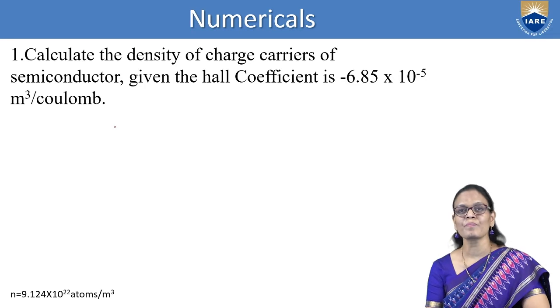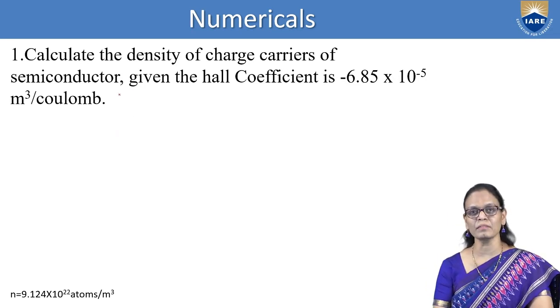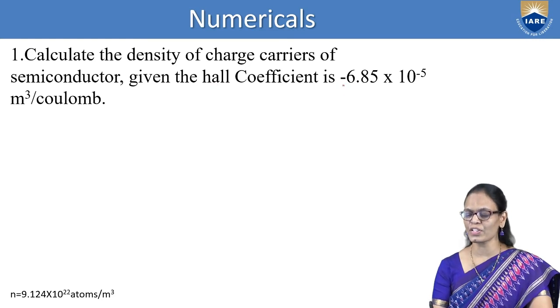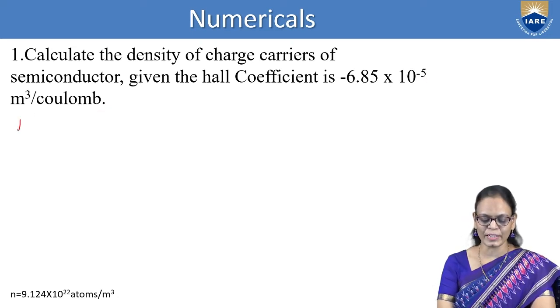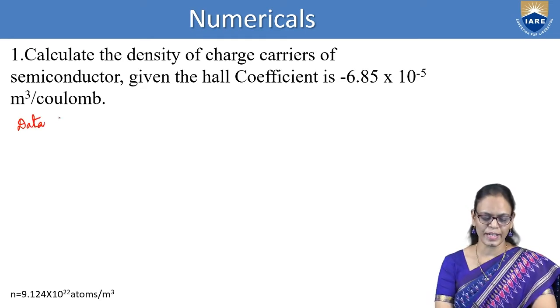First one: calculate the density of charge carriers of a semiconductor given the Hall coefficient as minus 6.85 into 10 power minus 5 meter cube per coulomb. First write the data given.